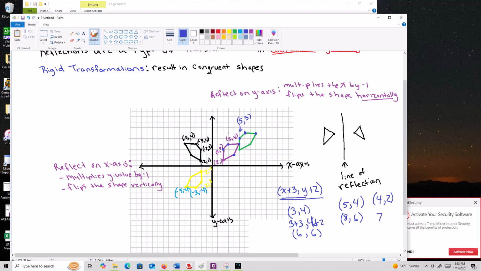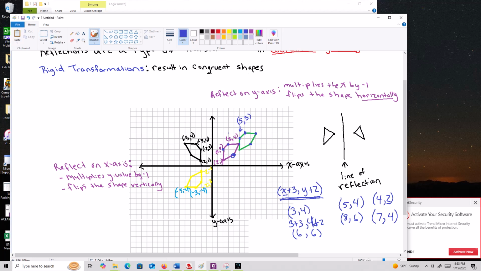We're plugging it into this formula. 4 is my x, so 4 plus 3 is 7. And y plus 2 is going to be 2 plus 2 is 4. So my new point for this one right here is 7, 4. 1, 2, 3, 4, 5, 6, 7. 1, 2, 3, 4. And I end up on the same shape.